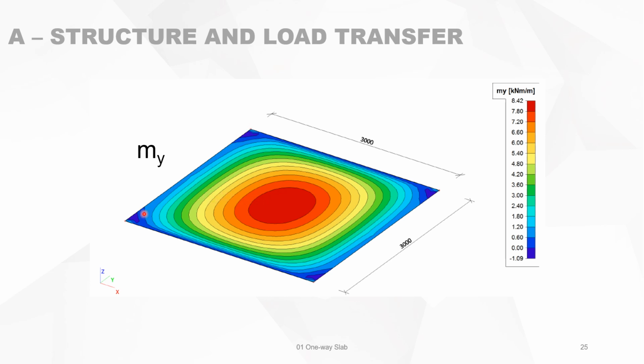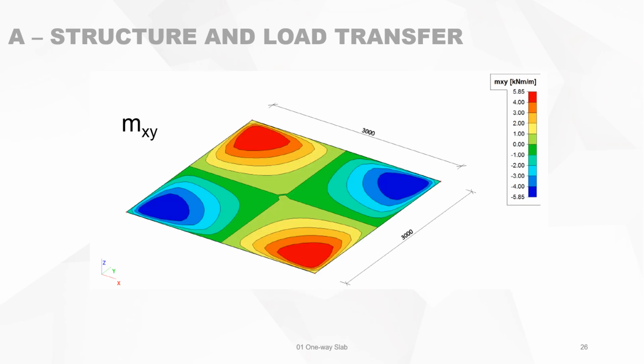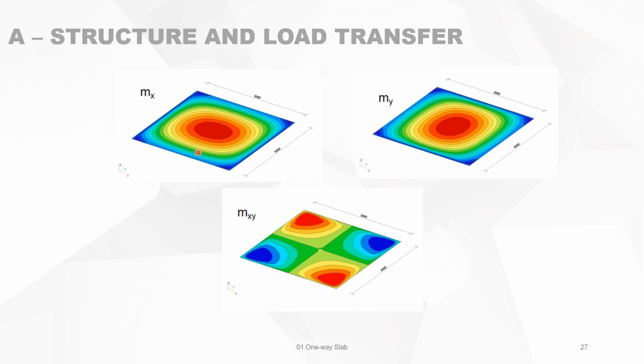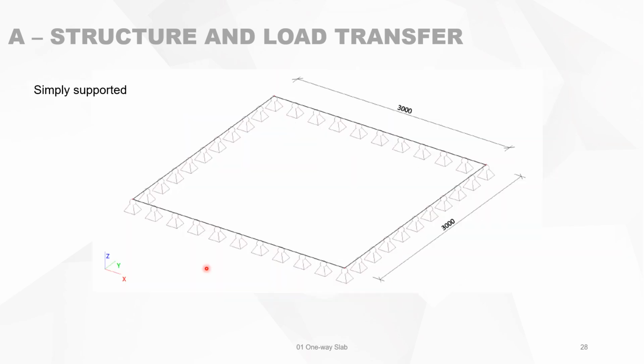If you want to know what the support conditions are, then we look at the torsional bending moments, mxy, and you have a typical shape like that in the corner. Then we know that if you take all those three into account, this is symmetric, those two, and these are the torsional bending moments. Then you know that it is simply supported on all sides.